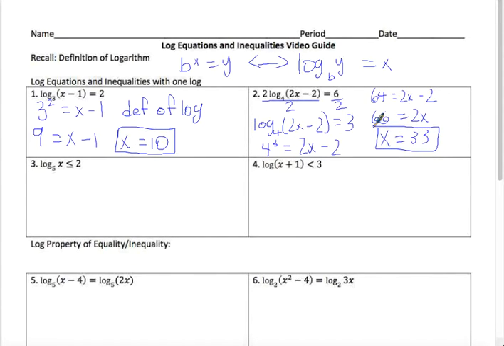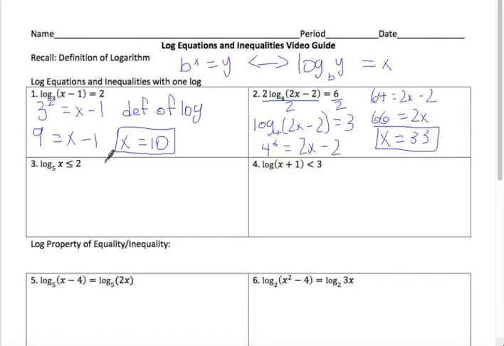So number 3, we have an inequality. Log inequalities are not too difficult to solve, but we have to remember at the beginning that we can't take the log of a negative number.